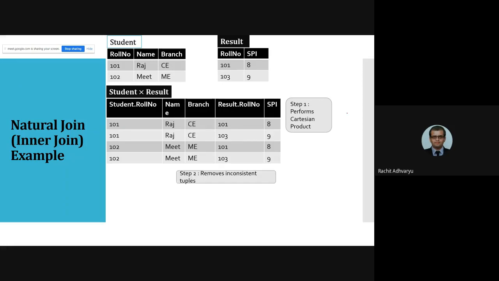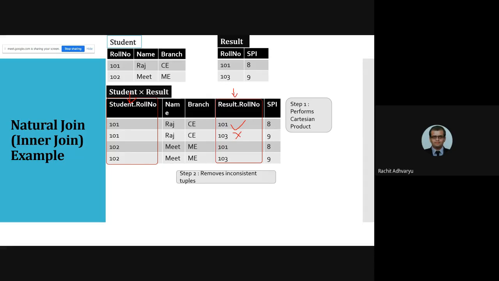Then in step number 2, it is removing inconsistent data. That means it is going to compare these two columns, this and this. So it is matching 101, 101. Okay, it is matched. That means 101 is available in this table as well as in this table. Then 101 and 103, but 103 is not mapping, so this won't be considered.